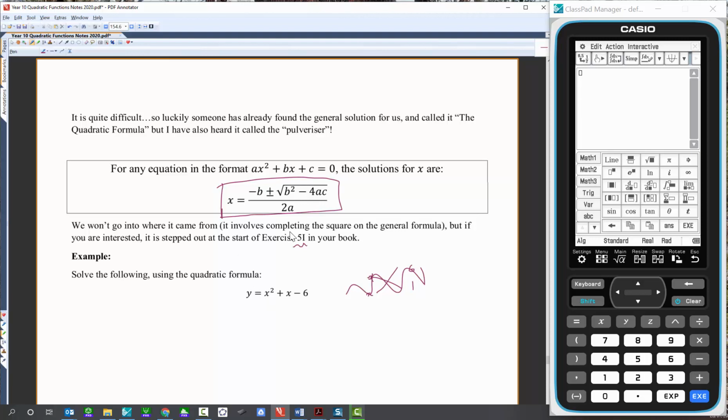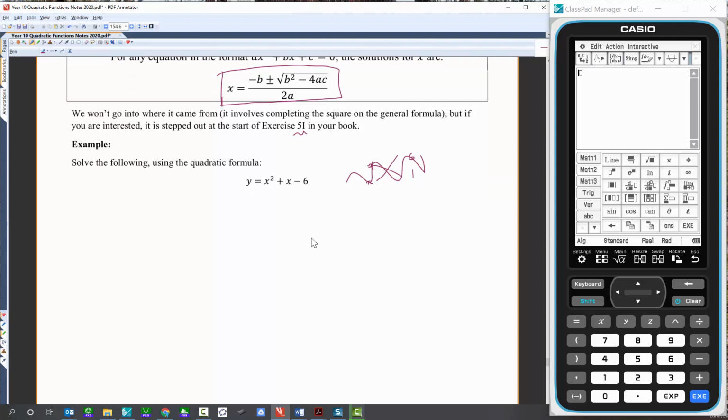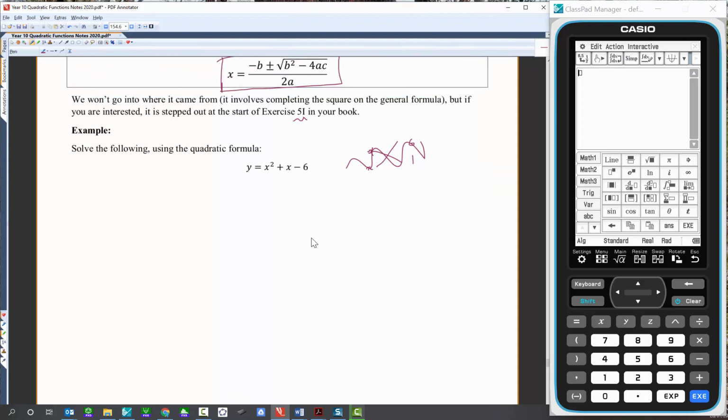So I use the quadratic formula, and I'll show you how both of them will work, and we're going to do a speed comparison. So I'm going to do complete the square on it, and over here I'm going to do quad formula. Okay, so let's go complete the square first of all. I'm going to go y equals, fence that off, and I've got x squared plus x plus, now half it, square it.